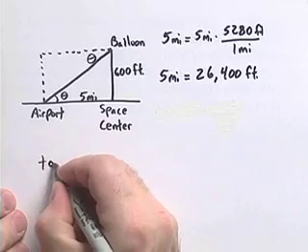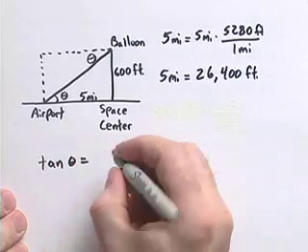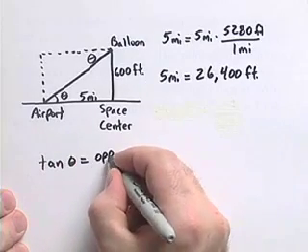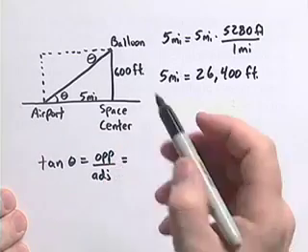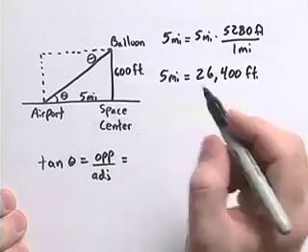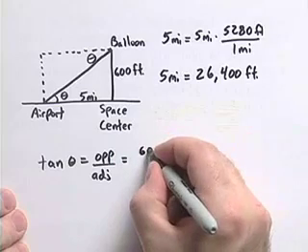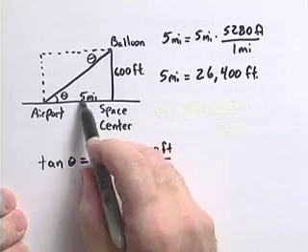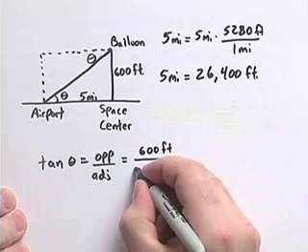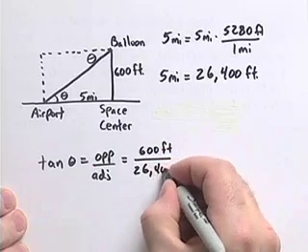We know that the tangent of theta is equal to the opposite side over the adjacent side. In this situation, the opposite side will be 600 feet, and the adjacent side, remember we had 5 miles, which we changed to 26,400 feet.